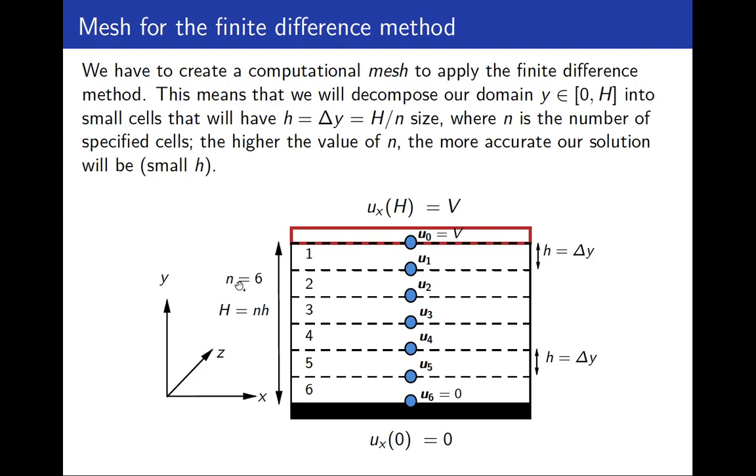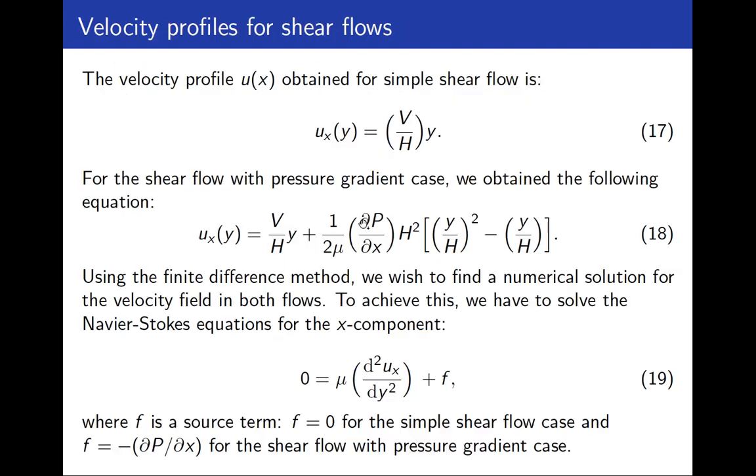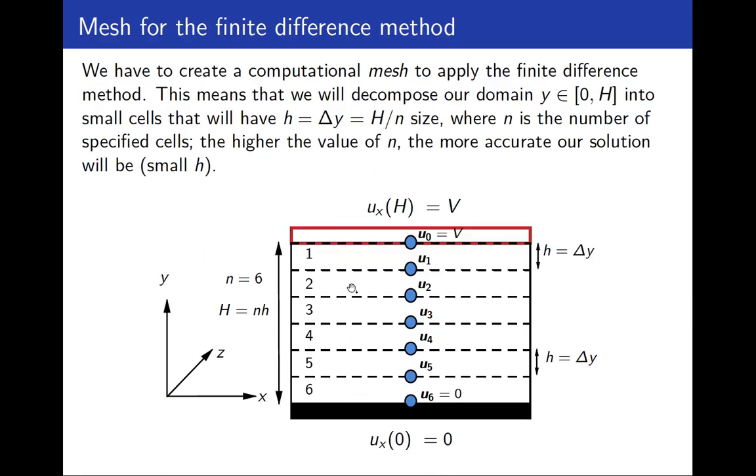Then I want to solve this equation in 6 cells, so I split this domain into 6 cells. You can count them: 1, 2, 3, 4, 5, 6. And then in the finite difference method, I want to estimate the velocity values at each of these cells, which are represented by these blue points.